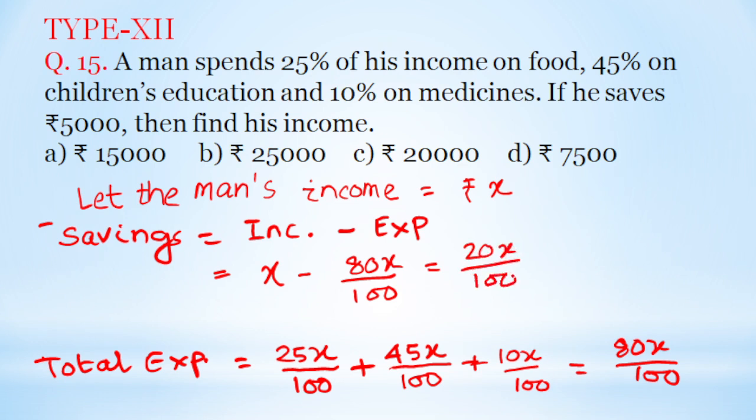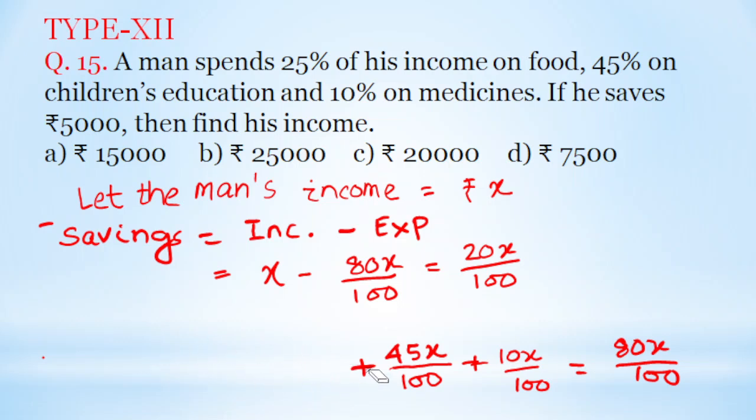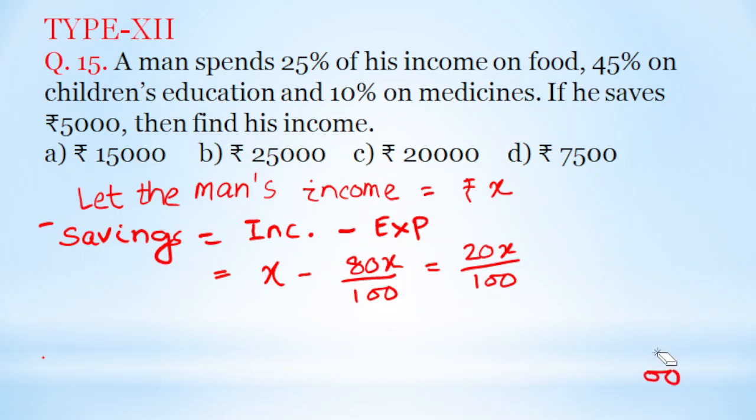It is given that saving is 5000. That means 20X by 100 is equal to rupees 5000.